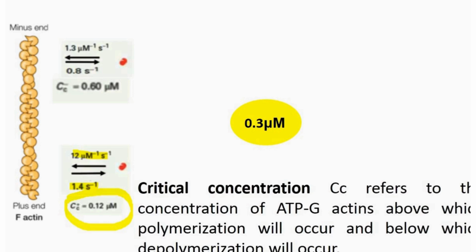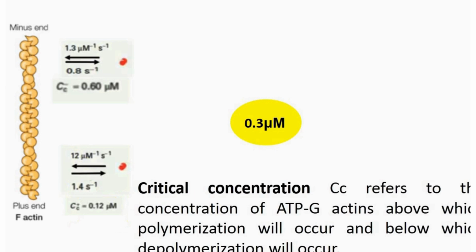Compare 0.12 with 0.3. Definitely the critical concentration is less than 0.3, and here 0.6 is more than 0.3. Therefore, at the plus end the polymerization occurs, and at the minus end the depolymerization occurs.